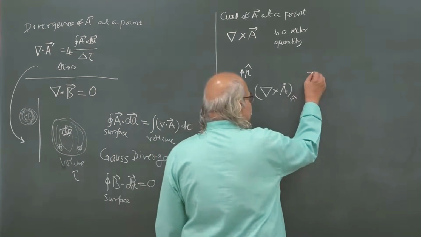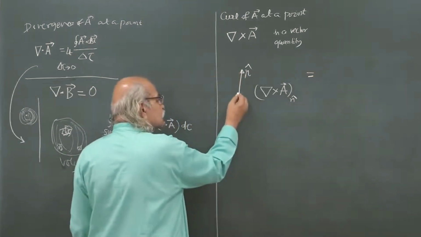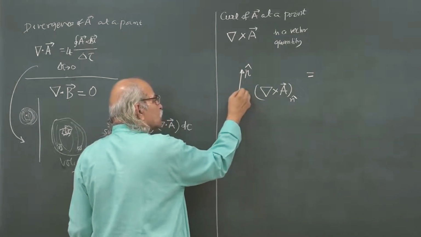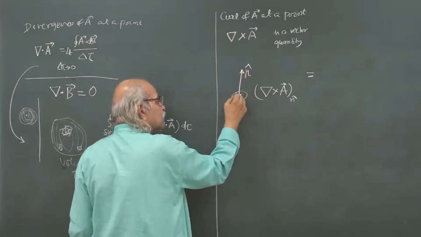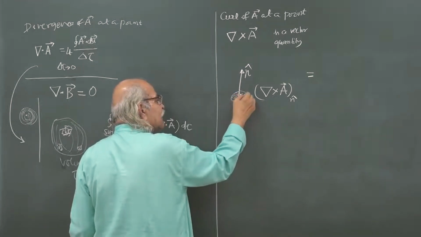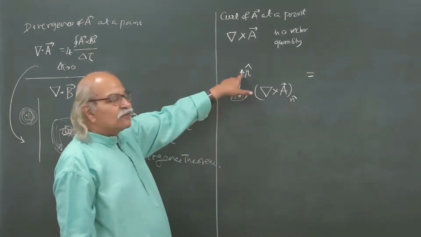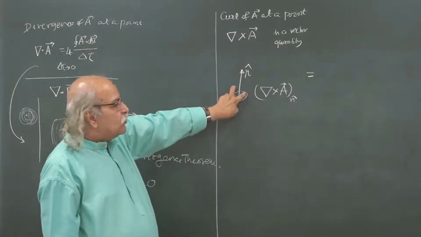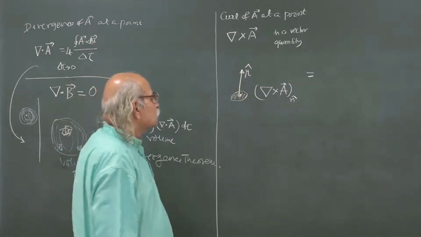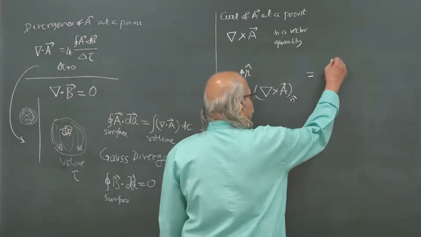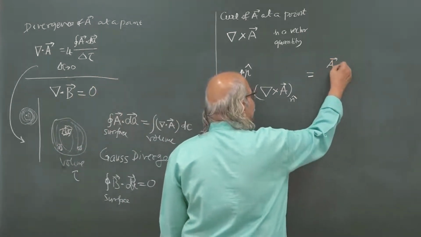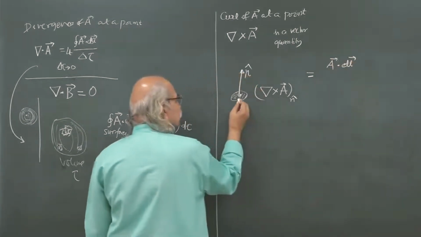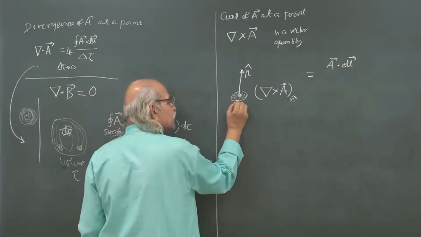Now, this quantity is: you first construct a closed loop around this point, and the plane of the loop is perpendicular to this given direction, a small loop, and on that loop you construct this quantity A dot dl. What is dl? dl is an element of length on this loop.